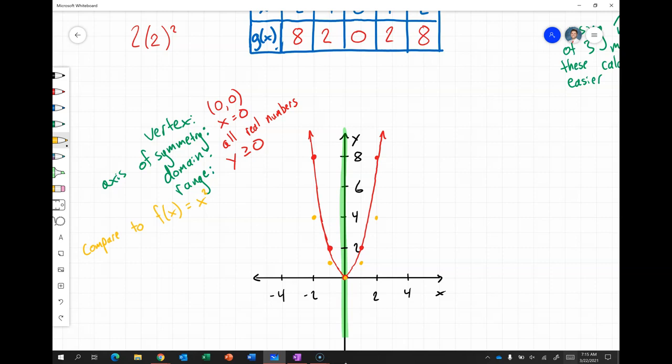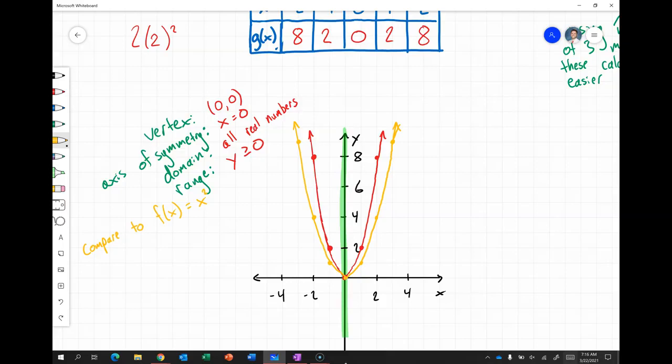We could also see one that would be at 3, 9. So we can see that our red graph, g of x, is going to be a vertical stretch of our parent function f of x.